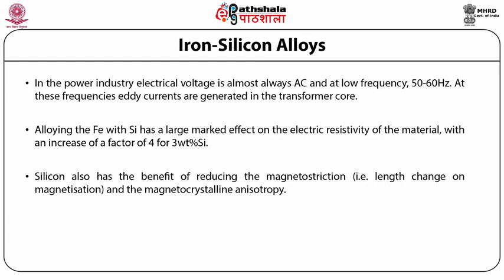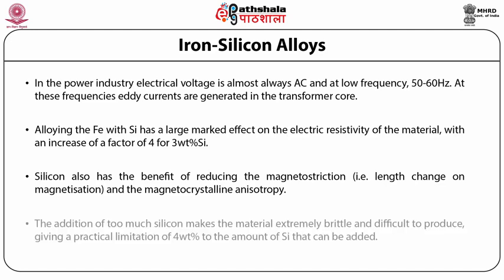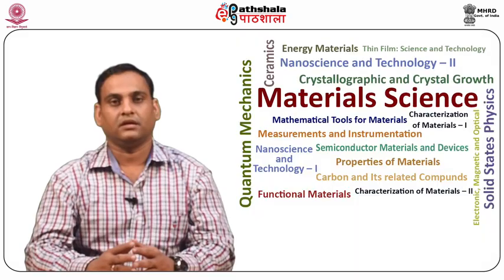In addition, the material is used in the form of lamination, typically 0.3 to 0.7 mm thick. The addition of too much silicon makes the material extremely brittle and difficult to produce, giving a practical limitation of 4 weight% to the amount of silicon that can be added.